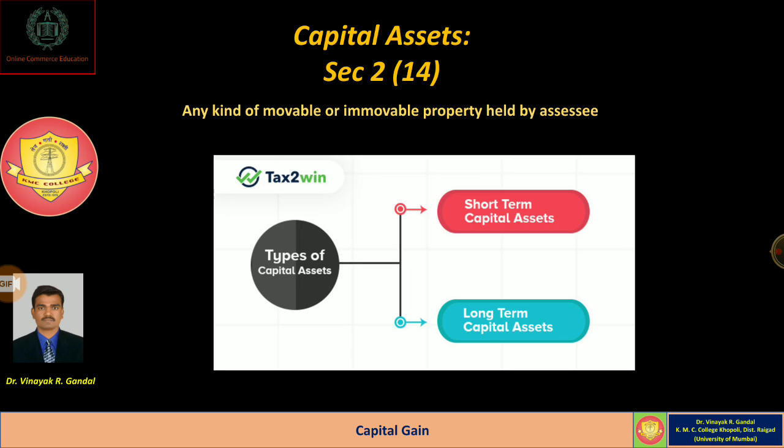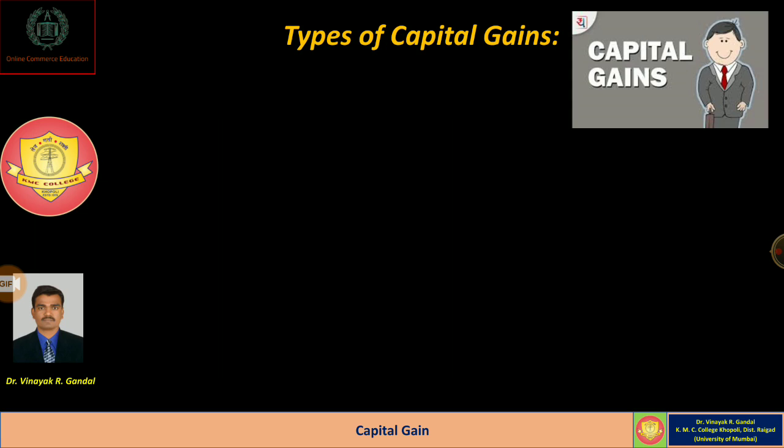If the asset is held by the assessee for a period of more than 36 months, or in the case of shares, if the shares are held for a period of more than 12 months, it is called a long-term capital asset. Now, it is necessary for all of us to understand the types of capital gains.